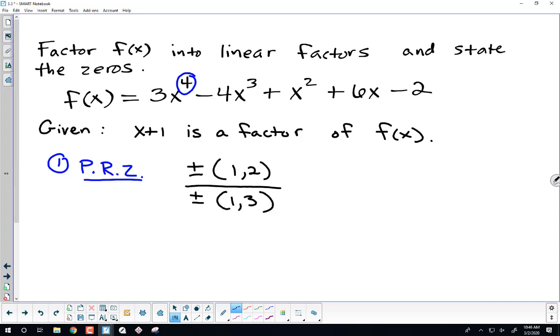Factors of 3 are 1 and 3. It's all of those on top divided by all of the ones on the bottom. So our list of possible rational zeros are positive and negative 1 divided by 1, 1 divided by 3, 2 divided by 1, and 2 divided by 3.